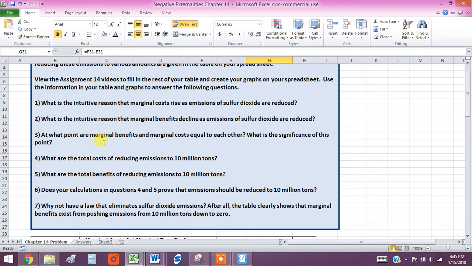Well, think of a smoky room where everyone's smoking. If the room is filled with smoke, then you're going to get a lot of benefit out of getting half of it out of there, right?